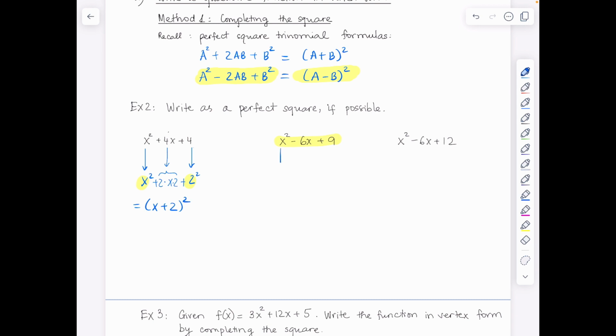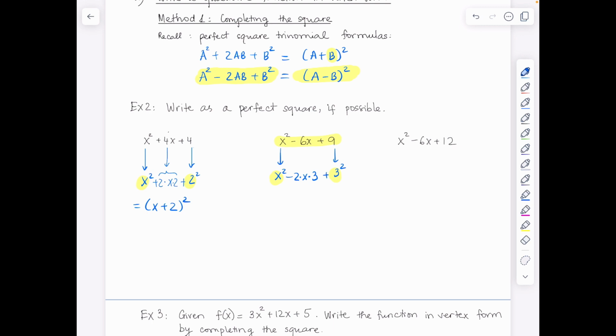So first, look at the first term, it is x squared. Then look at the last term, that's 3 squared. So you can see that a would be x, and your b in the formula would be 3. So the middle term, if it is minus 2ab, it would have looked like minus 2 times x times 3.